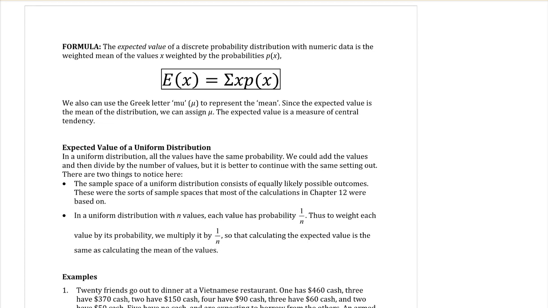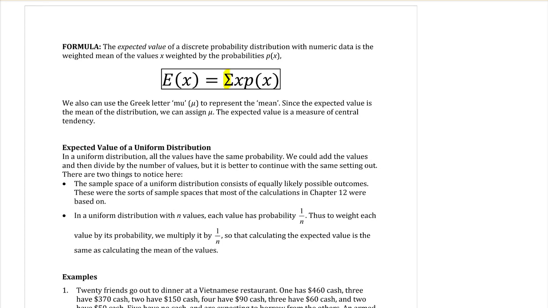The formula for the expected value of a discrete probability distribution with numerical data is the weighted mean of the values of x weighted by the probability P of x. So E of x stands for the expected value. This symbol here is the Greek letter sigma.